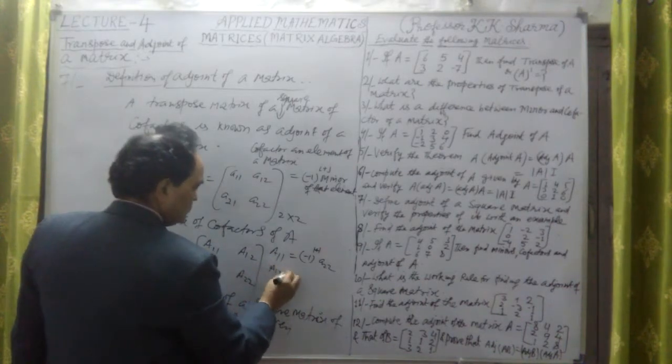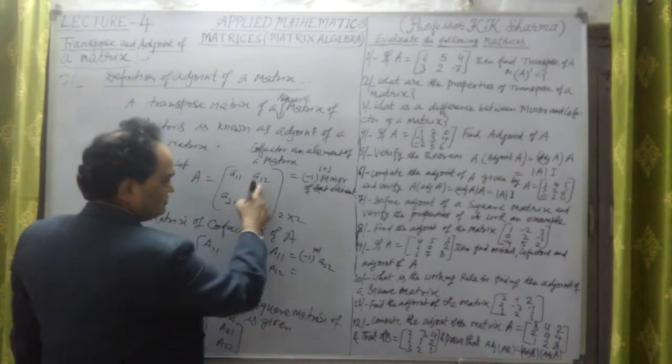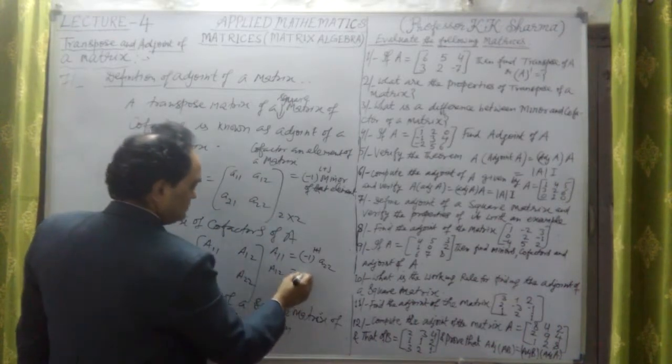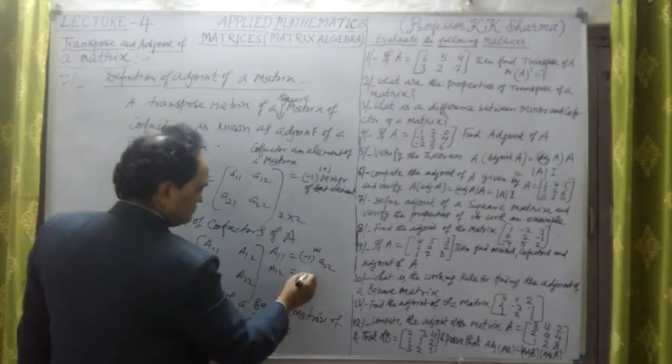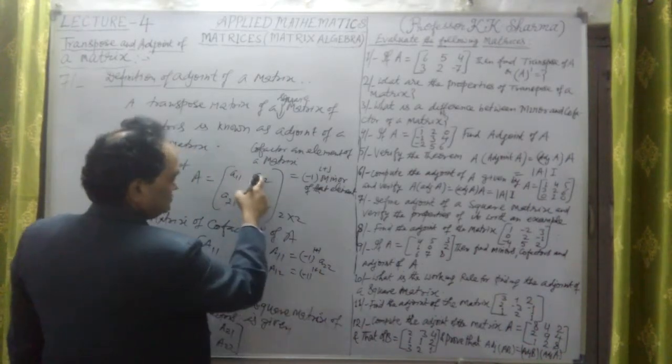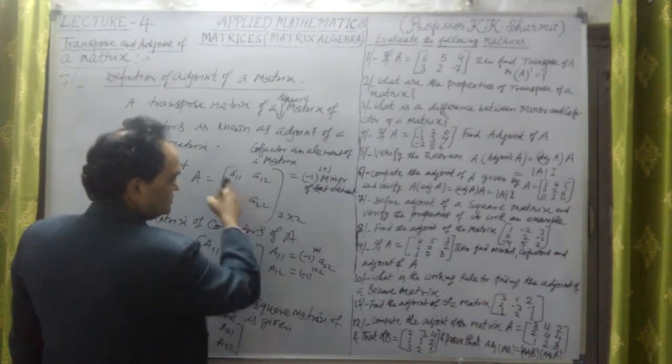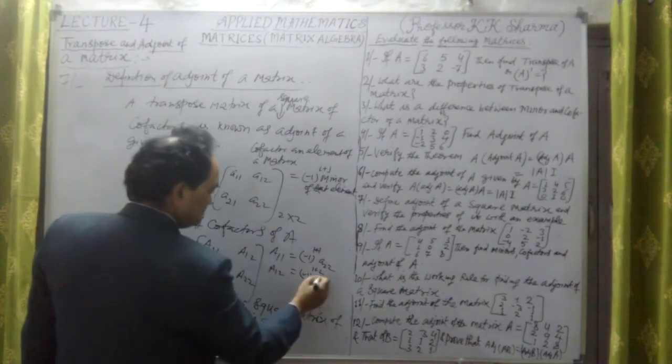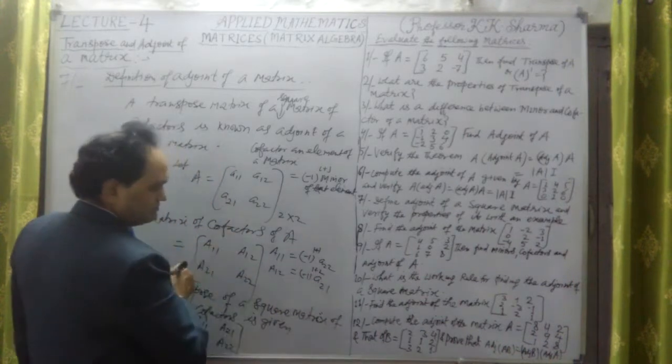Similarly, to calculate the cofactor of A12, it will be negative: minus 1 raised to power 1 plus 2, into the left-over element, which is A21.